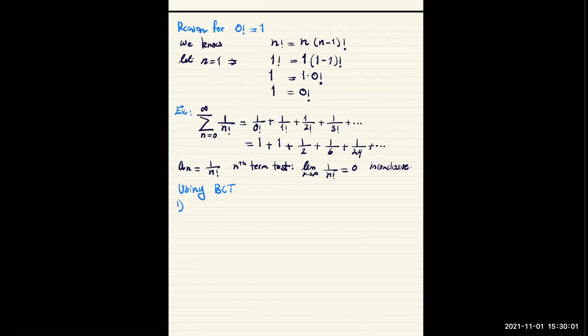Does n factorial grow fast enough for the terms of the series to decline fast enough so that when you add them, you get a finite number? That's what we are asking. So you can always try, in your head, to compare the series to a convergent or divergent geometric series or a p-series, whichever.